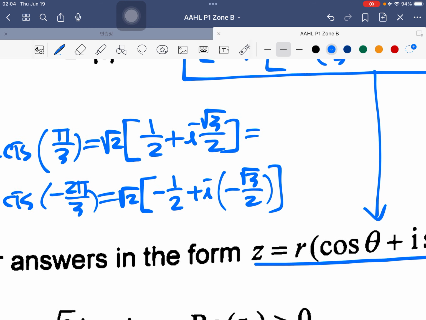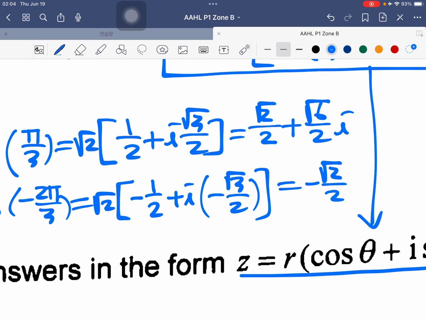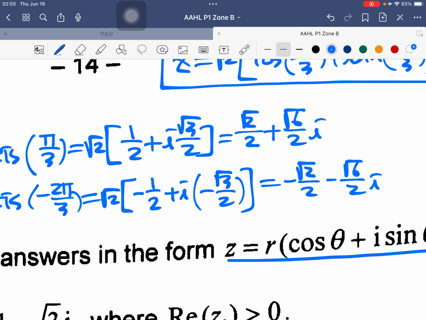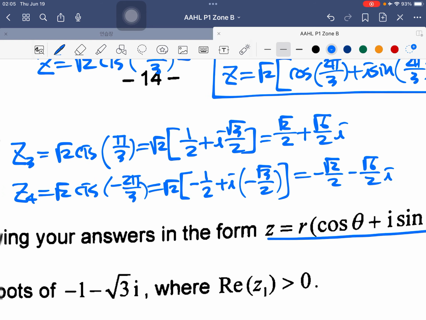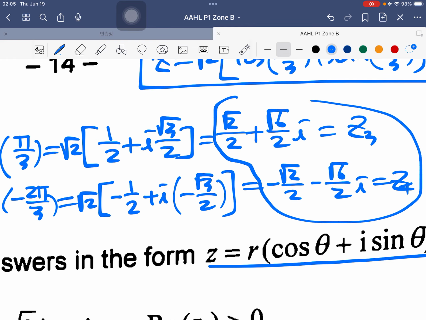Simplifying this, we get z3 as square root of 2 over 2 plus square root of 6 over 2 i, and z4 as minus square root of 2 over 2 minus square root of 6 over 2 i. So this is the answer for the second question.